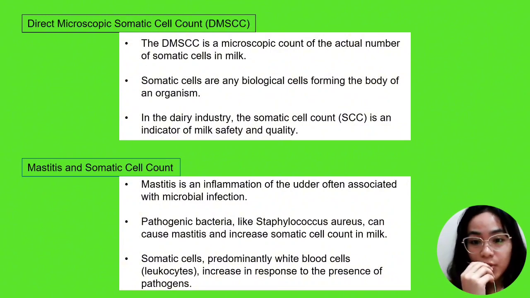Somatic cells, primarily white blood cells known as leukocytes, are part of the cow's immune response to the infection. Therefore, an elevated somatic cell count in milk can be an indicator of mastitis and can help identify cows that may require treatment or closer monitoring.